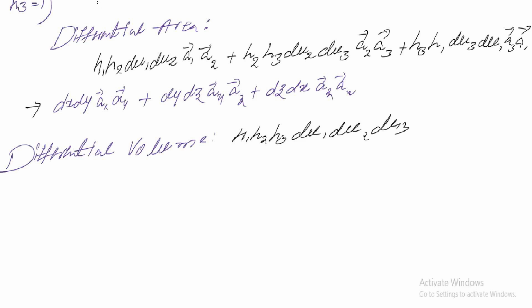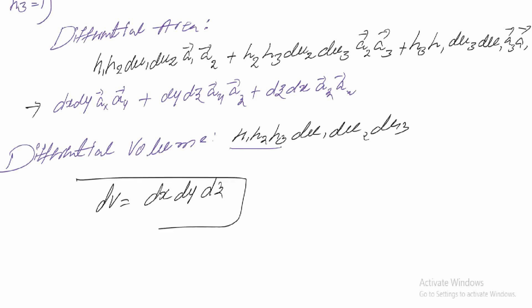So finally we got h1 h2 h3 are 1 into 1 into 1. du1 is nothing but dx, du2 is nothing but dy, and du3 is nothing but dz. So the differential volume for the Cartesian coordinate system is dx dy dz. It means that by using the curvilinear coordinate system, it is possible to get the differential length, differential area and differential volume for the cylindrical, Cartesian and spherical coordinate systems.